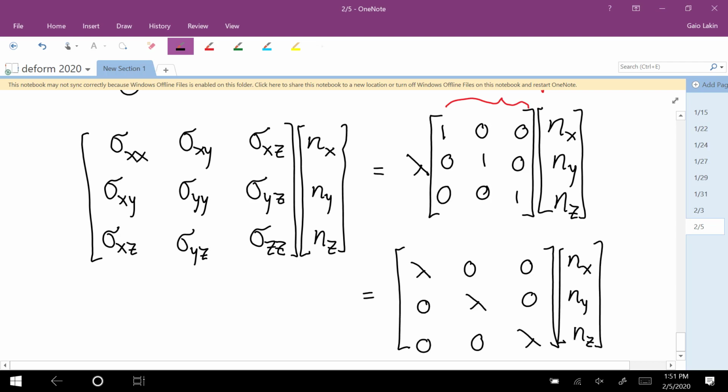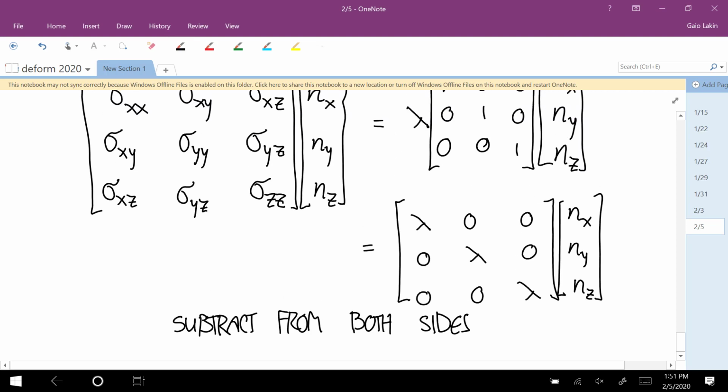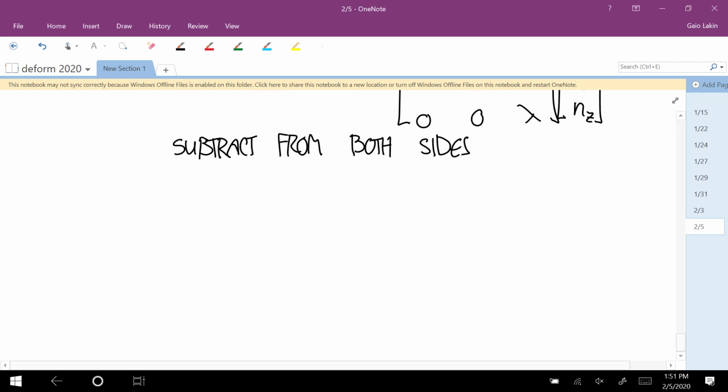Okay. And now I can subtract this from both sides, because each of these two matrices is multiplied by the same vector.